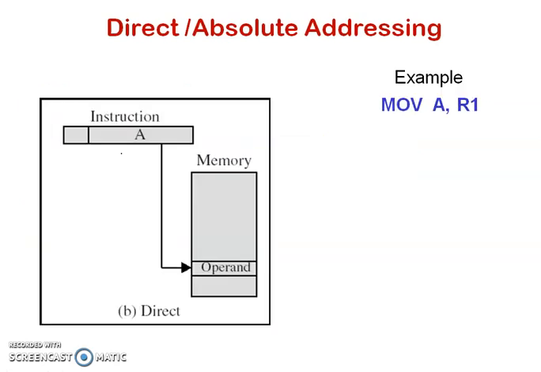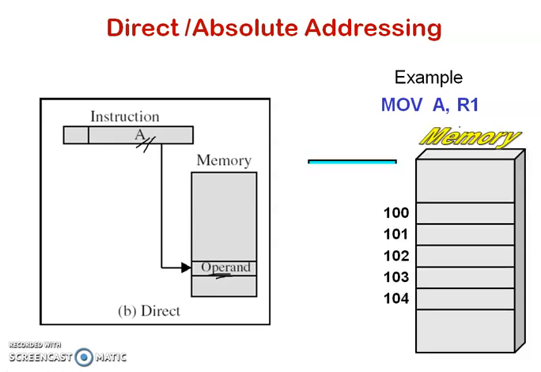So the example here is like this. In the instruction you will be having a memory location, and in that location of the memory you will be having the value which will be placed in the register R1. So if A is representing some address 101, it will be pointing to the 101 memory location, which will be having the value 0104.